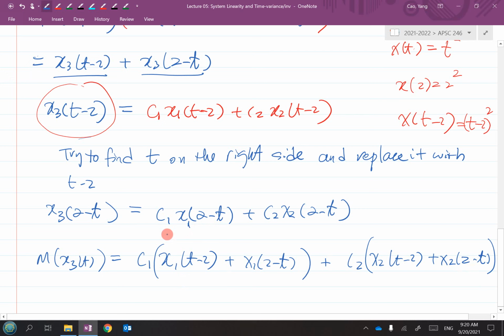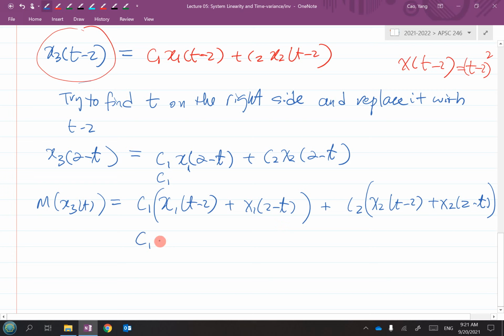I believe what he's saying is to write it as C1, X1, and then in the brackets you'd have T minus 2 plus 2 minus T, and they're wondering whether the X would just factor out.